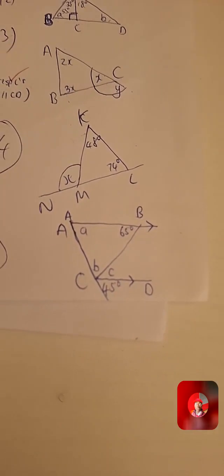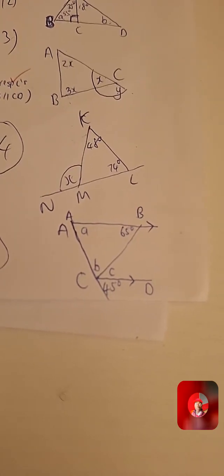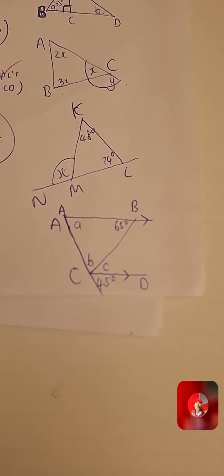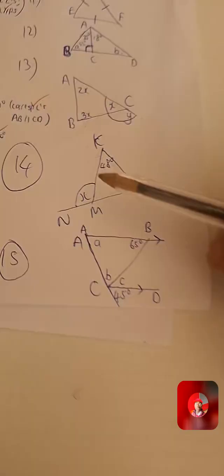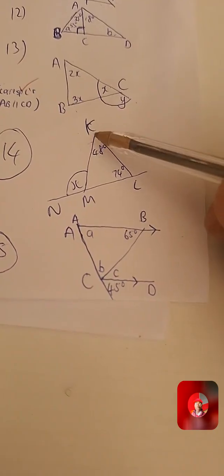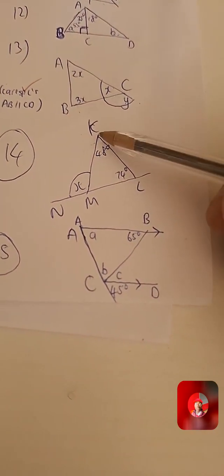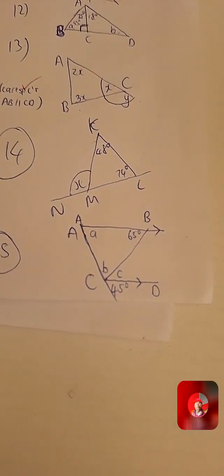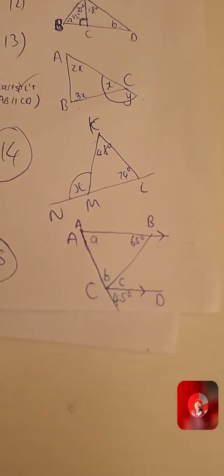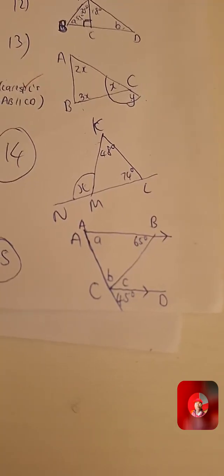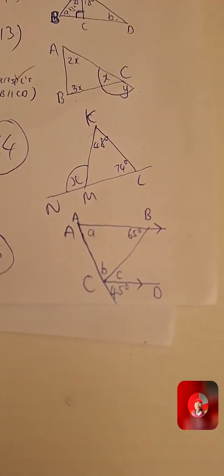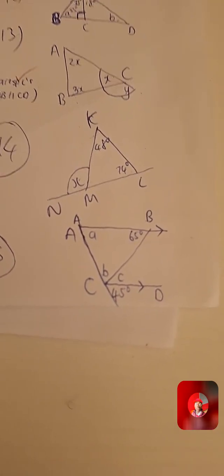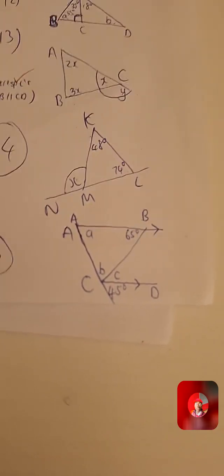We can start by finding the value of M. Which M? Do you mean angle KML or angle KMN? KML. Angle KML. Yes. Then angle K plus angle M plus angle N.